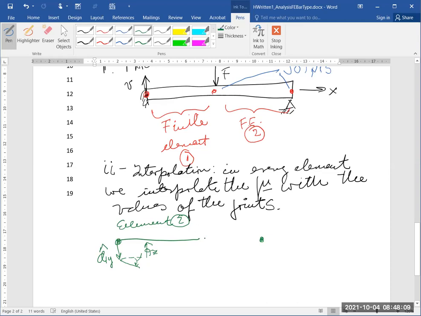Now, in this joint, I see that there is no deflection. So the deflection here, let me put it D2Y, that's 0. And also, let's suppose that here we have a rotation. So the rotation will be like this. Well, let me erase because otherwise I'm going to get in trouble.